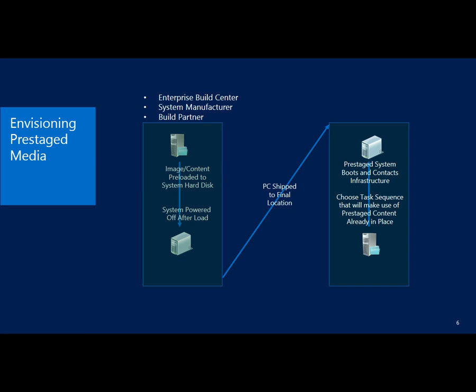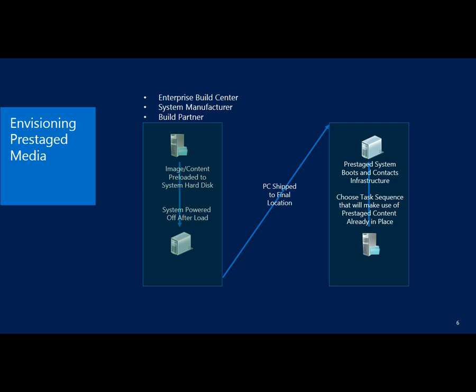Now, I'll say this a couple of times. I'll say it here and once again in a minute. It's really, really important to understand that you will need to choose a task sequence to build once the pre-staged machine arrives on location, right? You can choose any task sequence that you have deployed to that machine. If you choose a task sequence that is leveraging or calling for content that is pre-staged onto the hard drive, then you won't have a problem, right?